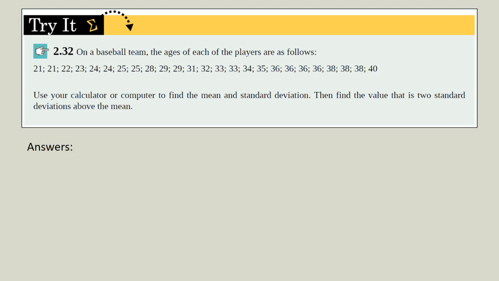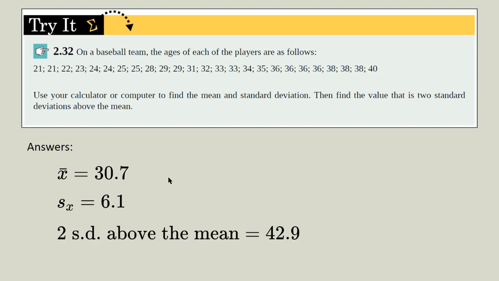Okay, so when I did it, I got a mean age of 30.7. I got a standard deviation of 6.1. And 2 standard deviations above the mean would be 42.9, which is the 30.7 plus 2 times the 6.1.